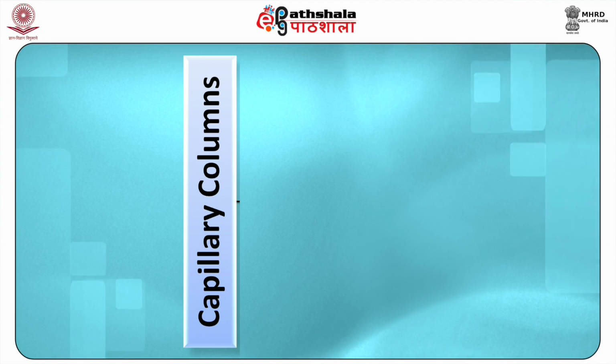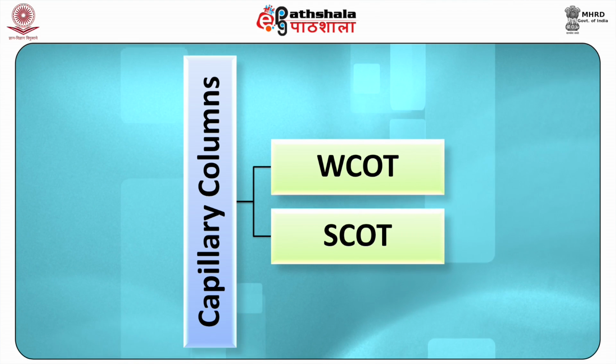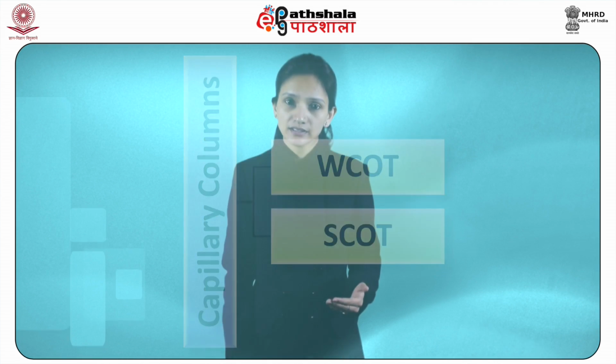They can be one of two kinds, wall-coated open tubular or WCOT, or support-coated open tubular or SCOT. WCOT columns contain a capillary tube wherein the walls are covered with a liquid stationary phase.